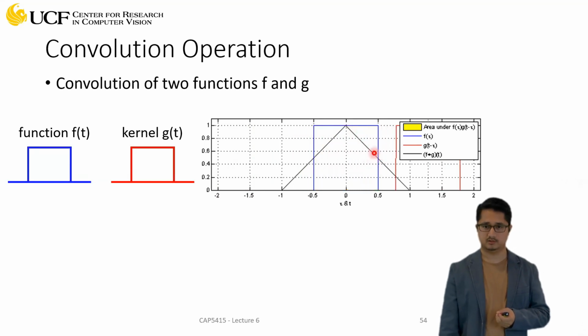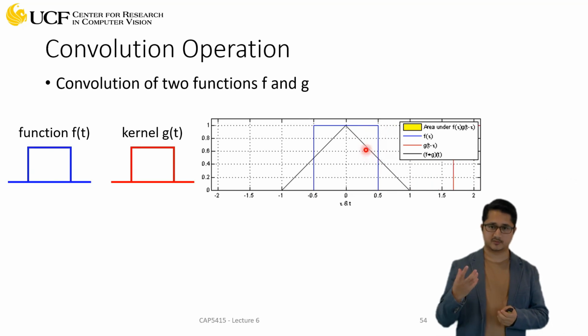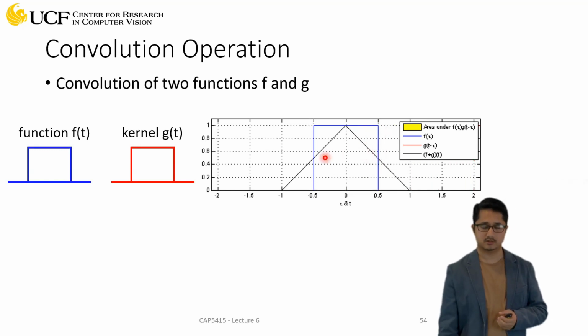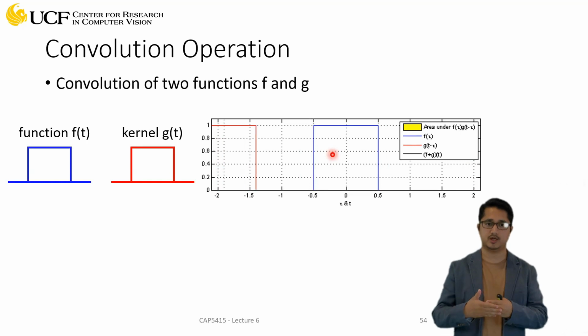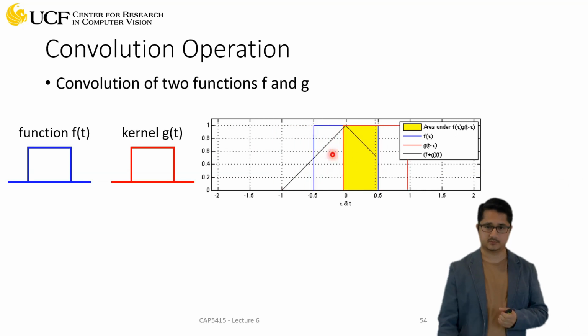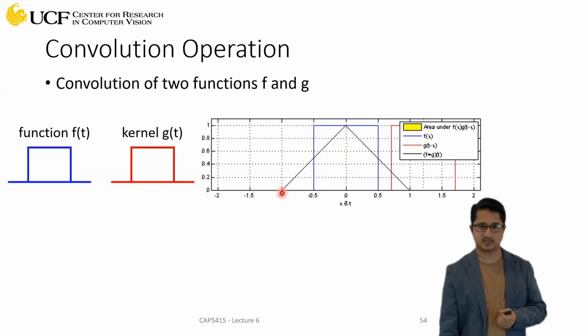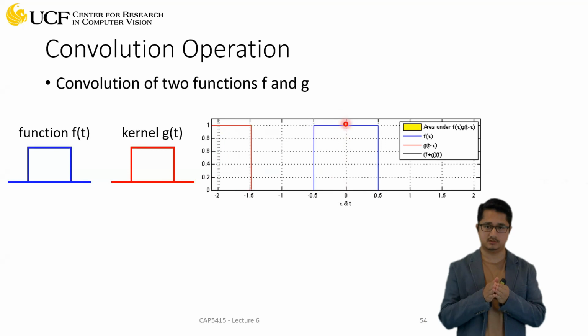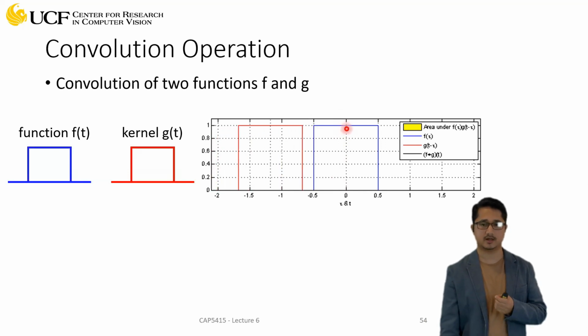The area of this yellow color shows how much overlap you have between function f and kernel g at this particular time step. As you keep going towards the right, the overlap increases, and at the center they perfectly match with each other, and you get the highest response.